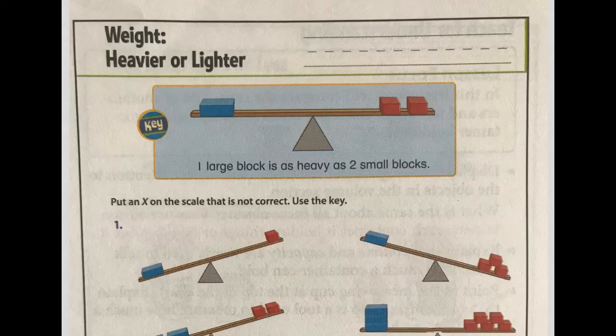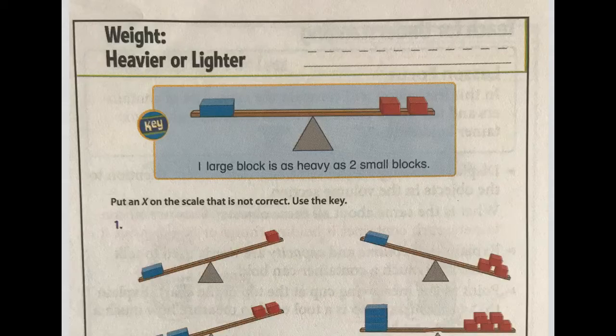So let's take a look at this. It says one large block. That's this right here. One large block is as heavy as two small blocks. So you can see the two small blocks here, and then you see the one large block there. And what else do you notice about this scale?